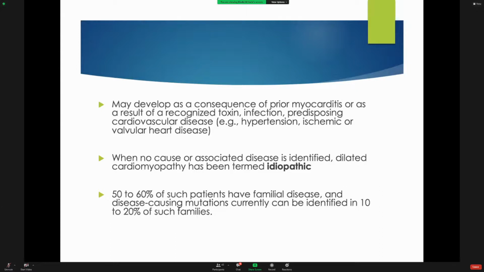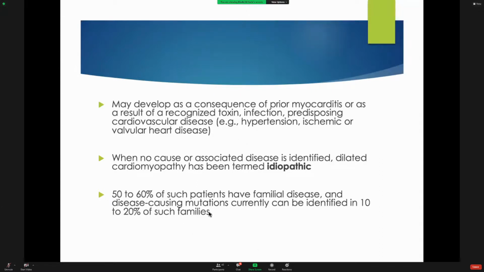The causes may be idiopathic, so if there is no identifiable cause, or maybe due to prior myocarditis, toxin, infection, chemotherapy, predisposing cardiovascular disease like hypertension or valvular heart disease. We now see some cases post-COVID vaccine and post-COVID infection itself.